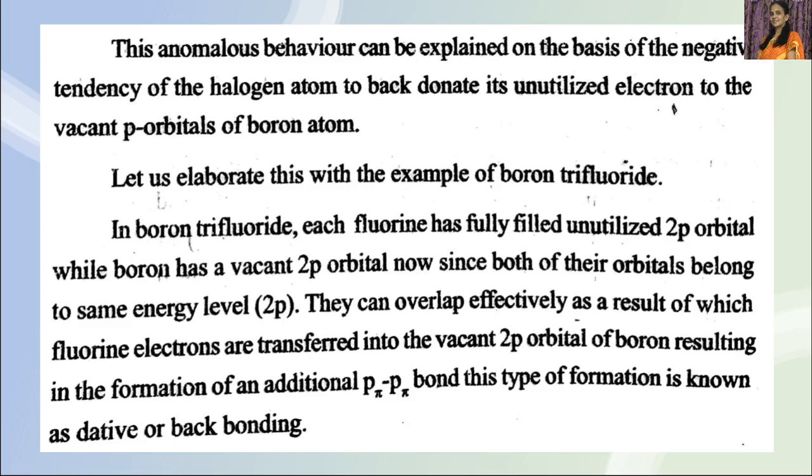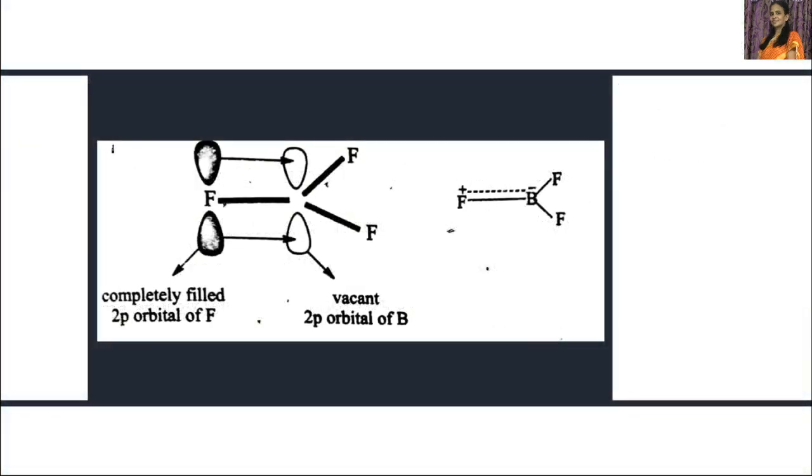Next, define boron halides. Write a note on their preparation. This is the preparation and structures of boron halides. Next one is explain the Lewis acid nature of boron trihalides, that is BX3. Next, describe the preparation and structure of boron nitride, BN. We have discussed the synthesis and structure of boron nitride.